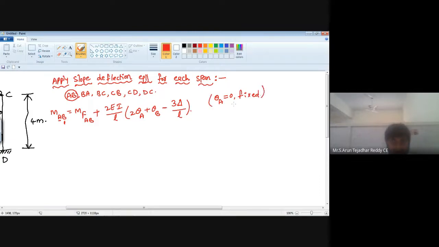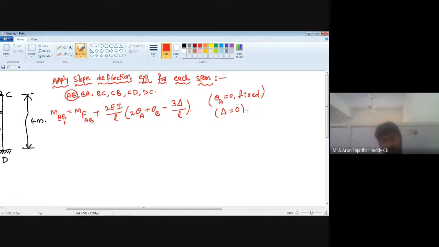Now, this is a non-sway frame. So in the non-sway frame, our deflection is always 0. In yesterday's class, I told you each and every point clearly: what is the sway frame, what is the non-sway frame, and I gave so many different types of examples. We have 4 main conditions.